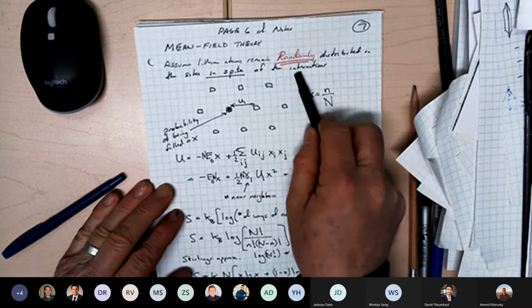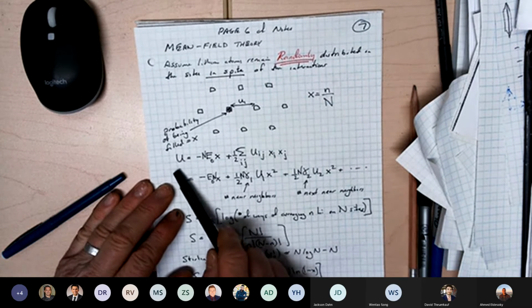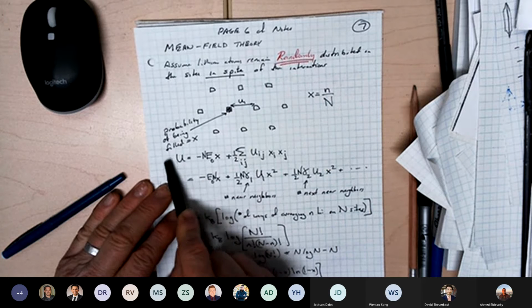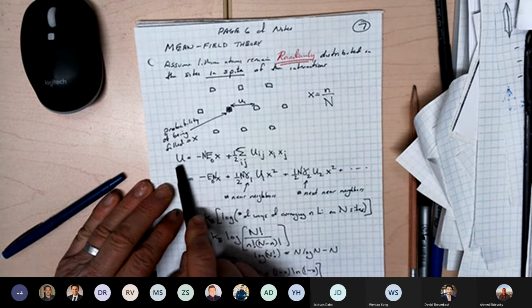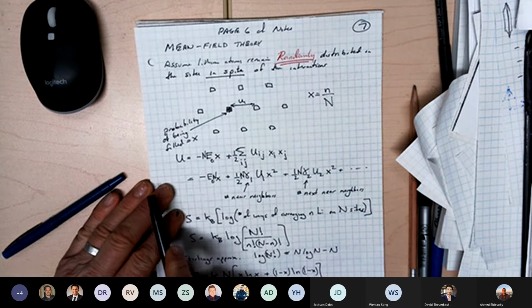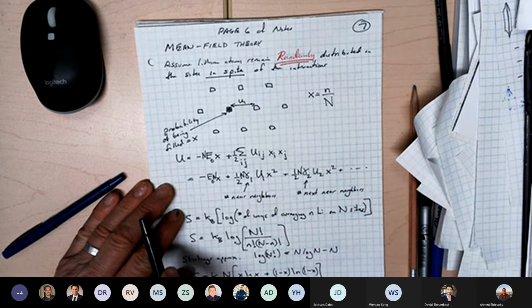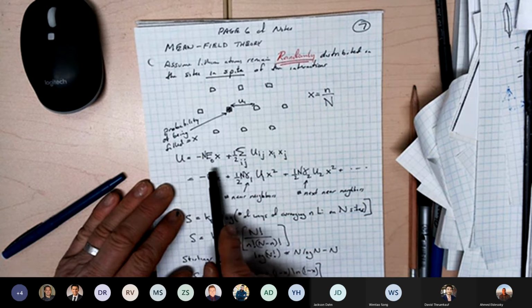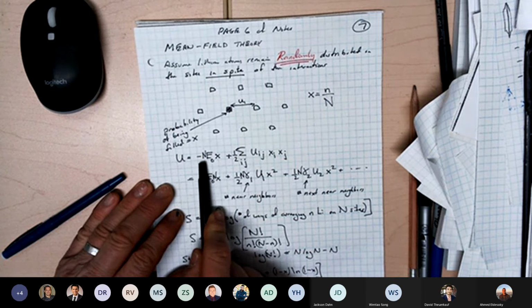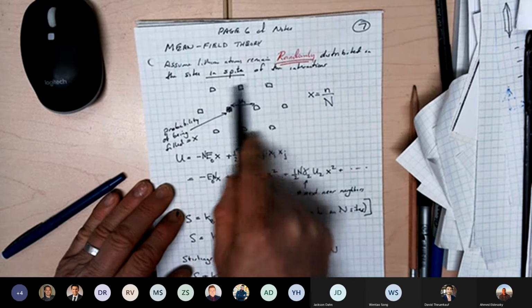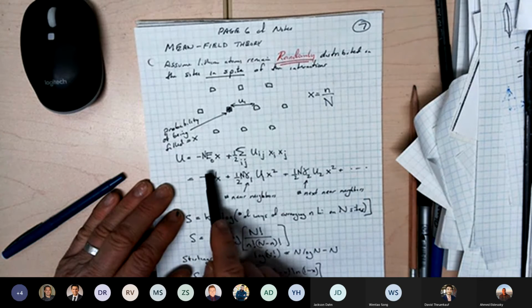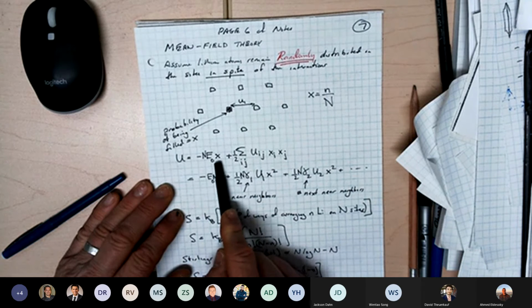So if you make this assumption, then you can write down the internal energy of this lattice gas by inspection, basically. So let's do that. We have big N sites, and some fraction X of them are filled.